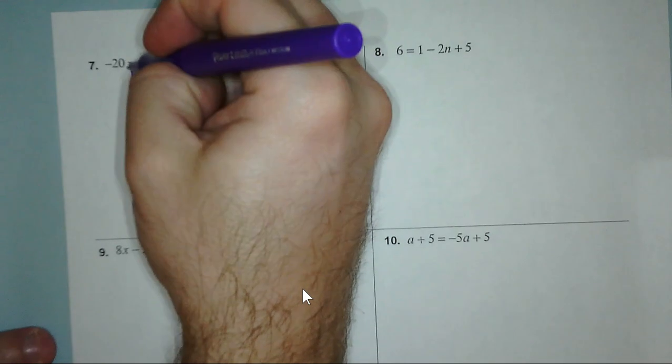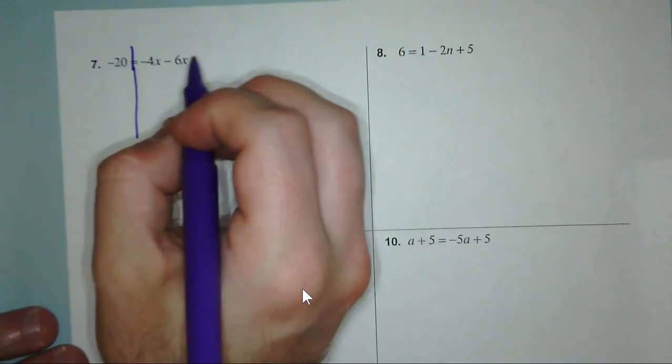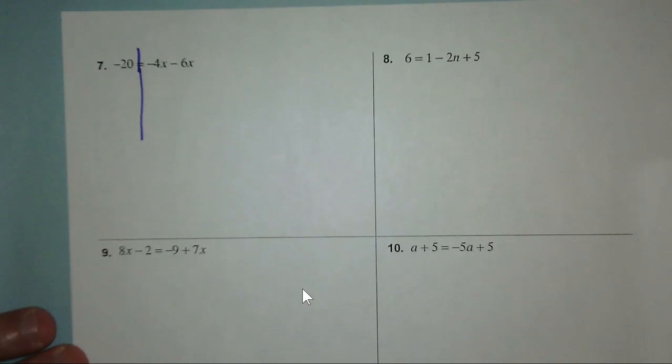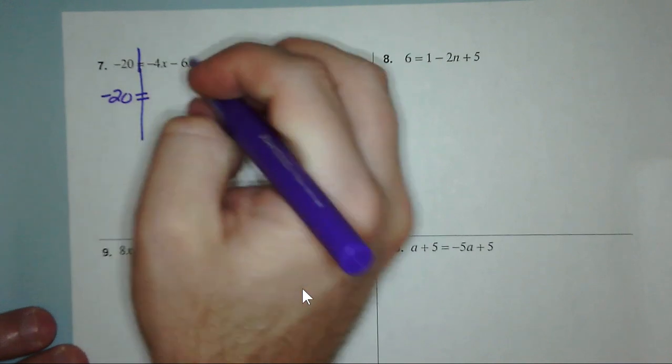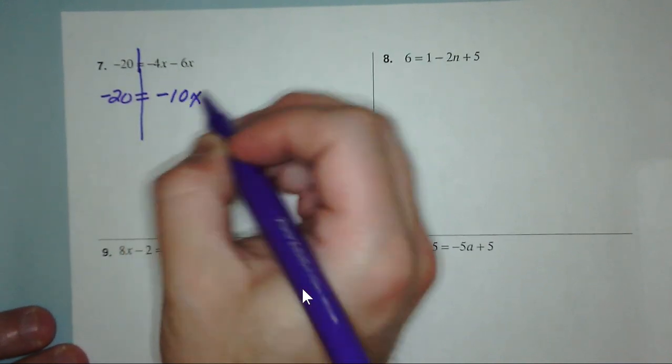So the very first thing I would do here in number 7 is just combine those together, because they're like terms and they're already on the same side as each other. So this -20 drops down, and -4x minus 6x is -10x.